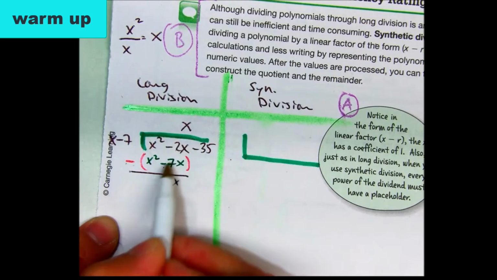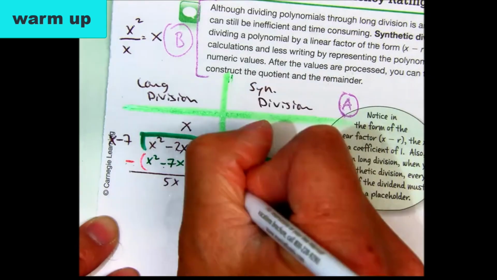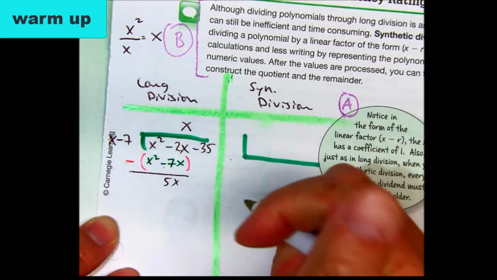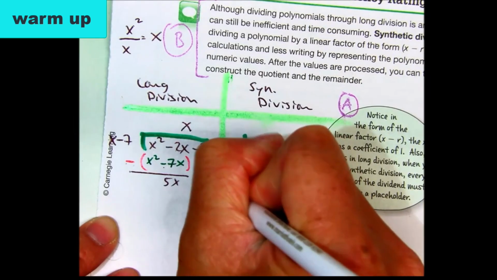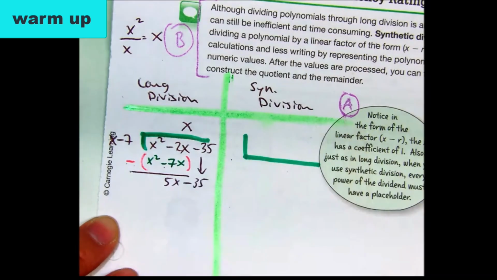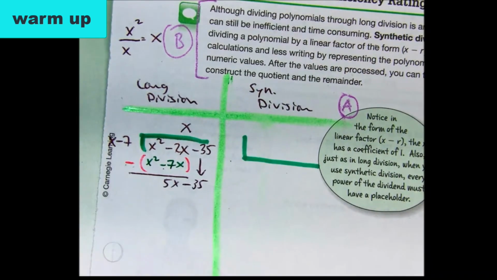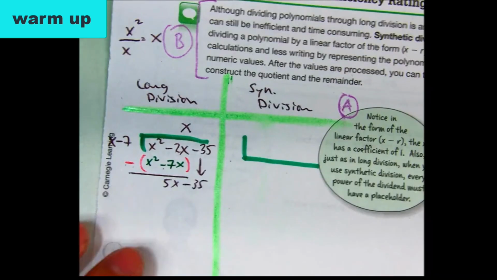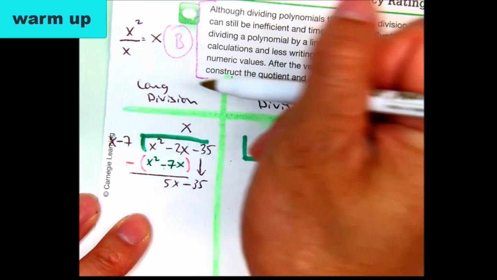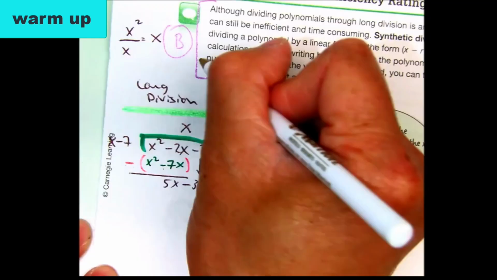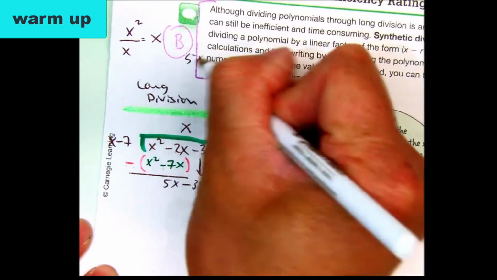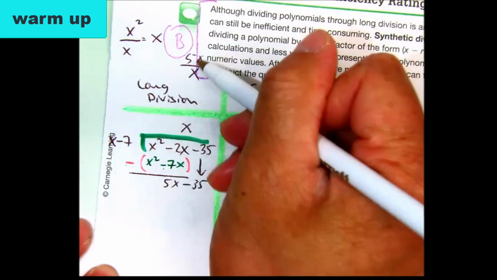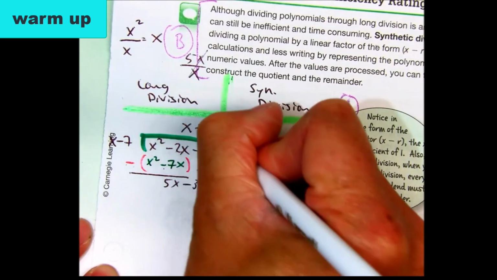Negative 2 and a plus 7 is a 5x. What do I do next, Brittany? Brittany, how many times is x going to 5x? Yeah, remember if you do this little slide problem, you can do something like 5x divided by x, and you'll see that your x's cancel and you have a 5 here.